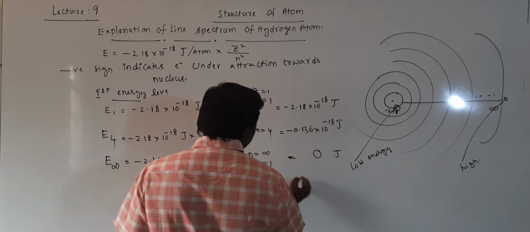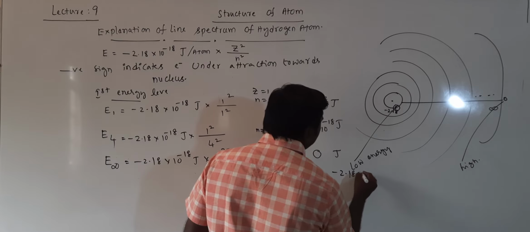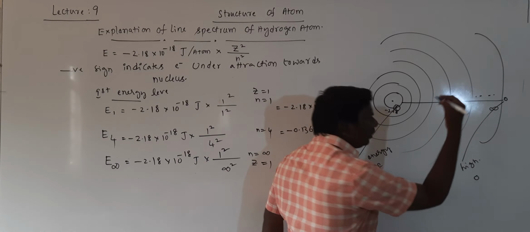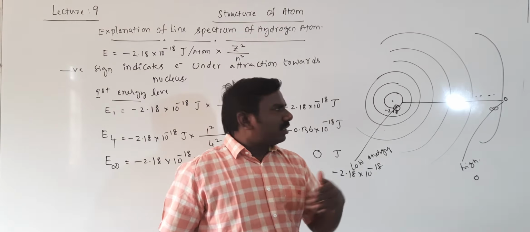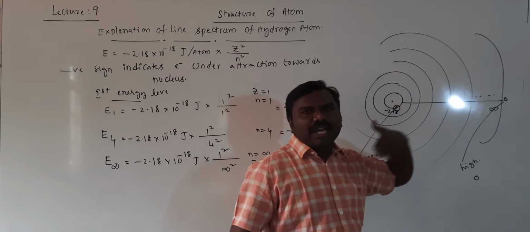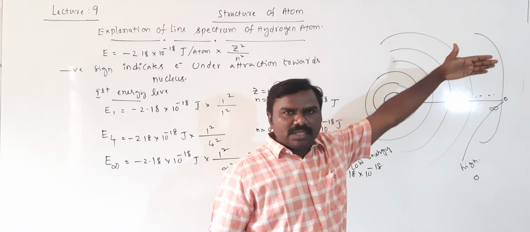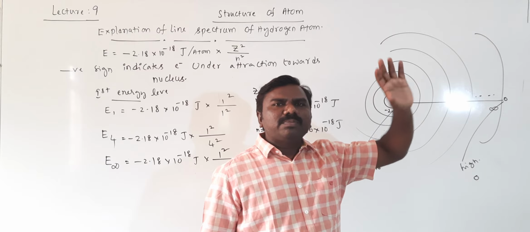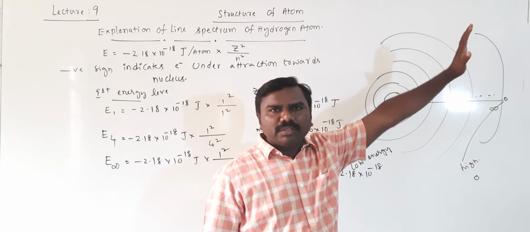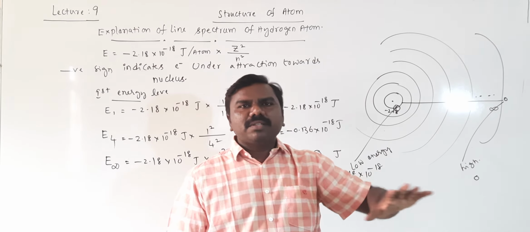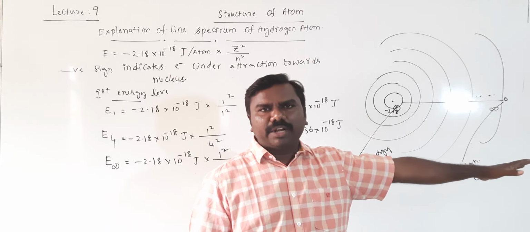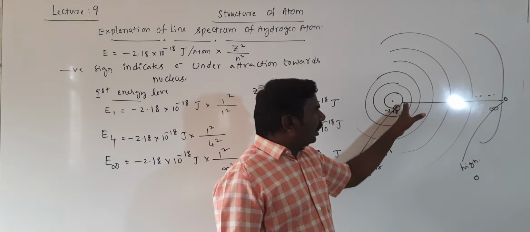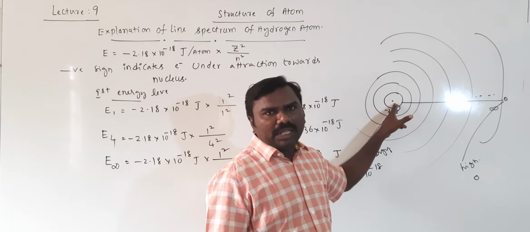It means minus 2.18 into 10 to the power of minus 18 is a much lower value than 0. 0 is high. It means n equal to 1, 2, 3, 4, 5. As n value increases, energy reaches the maximum, that is 0. Maximum means last orbit electron. It is a free electron. Free means there is no attraction between the nucleus and electron. Here this one has low energy because it is involved in attraction with the nucleus.